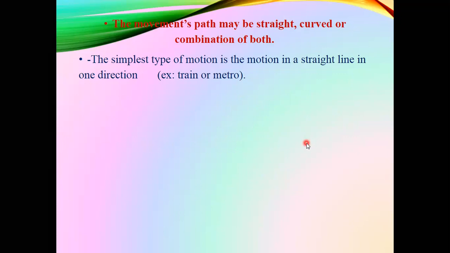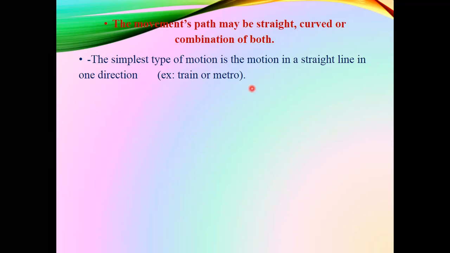So a straight line is simpler than curved, and one direction is simpler than more than one direction. So the simplest type of motion is in a straight line and in one direction. So there are two conditions to describe this motion as the simplest type of motion. What are they? It must be in a straight line and also in one direction.